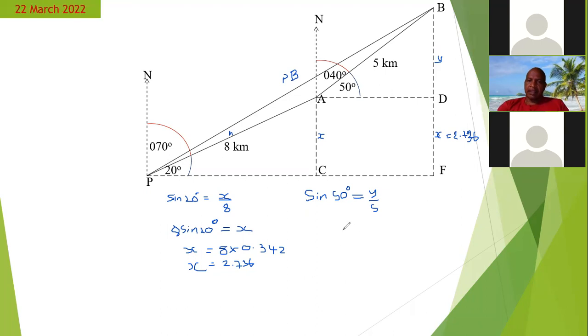Yes, sir. All right, so next, based on what we did before, we would have 5 sine 50 equal to Y. So Y would be equal to 5 times 0.766, which is equal to 3.83, sir. 5 times 0.766.